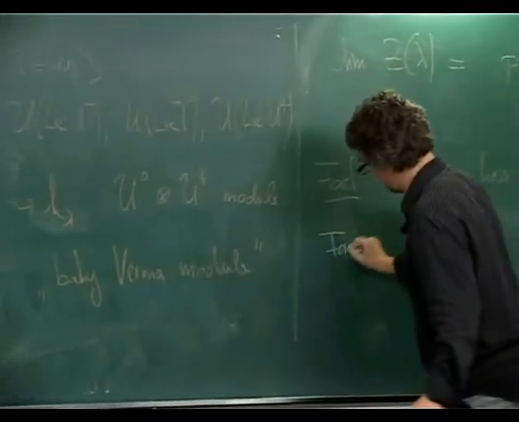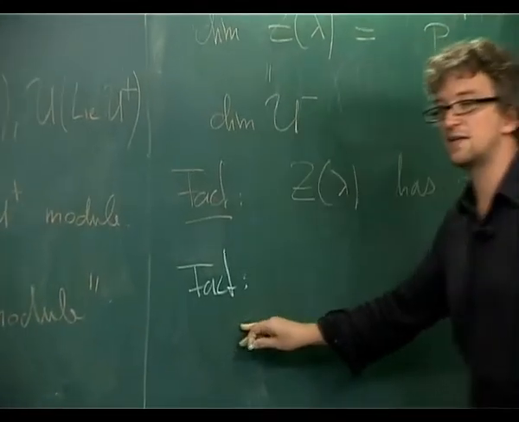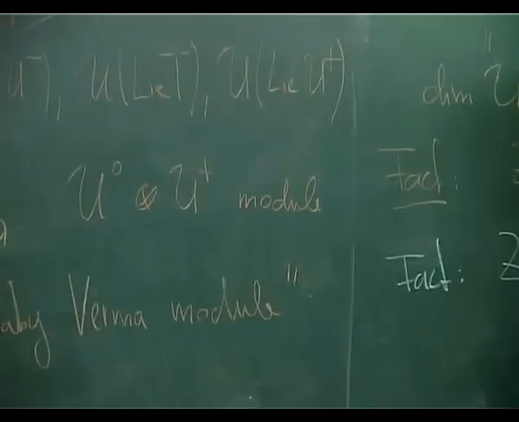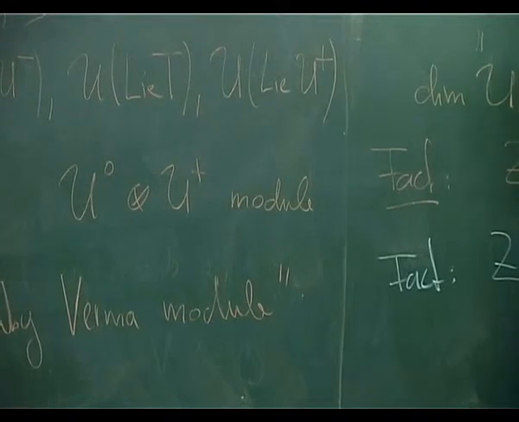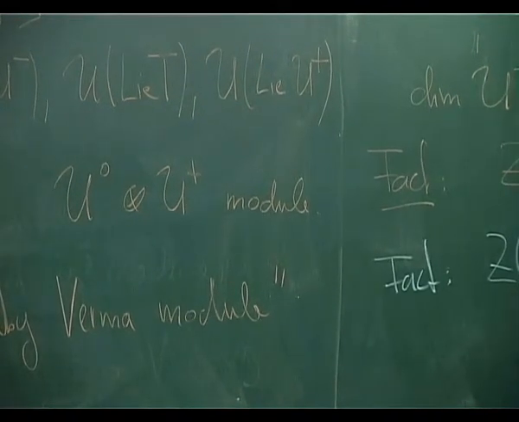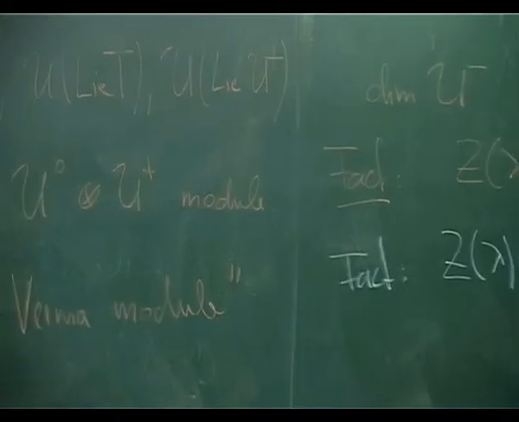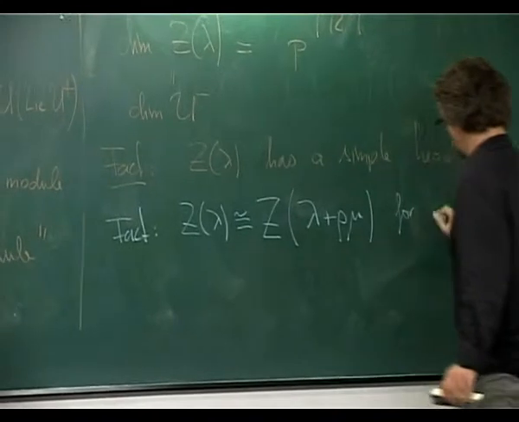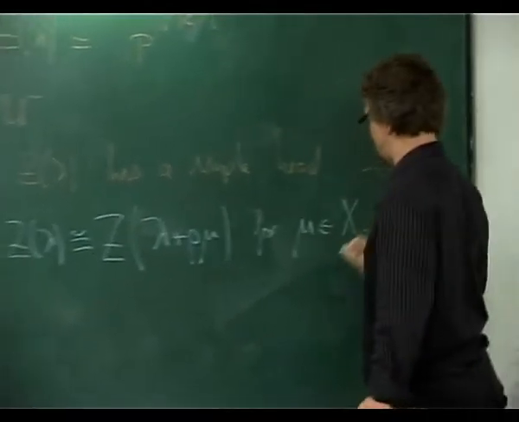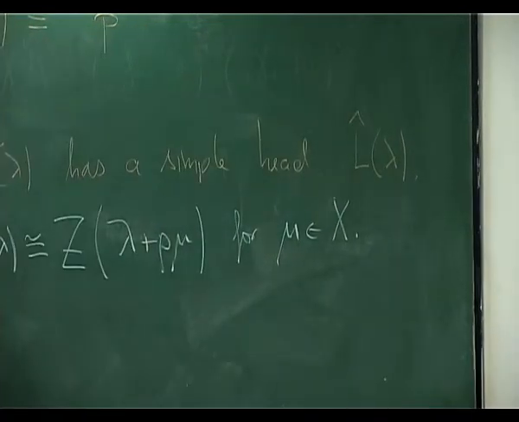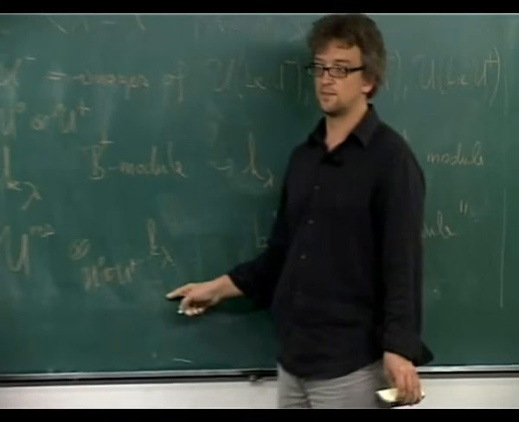Oh, that's readable, right? So another fact is that Z lambda is isomorphic, or even the same as Z of lambda plus p times mu for all mu in X, because this plus p times mu just vanishes when you consider it as a module over the Lie algebra.